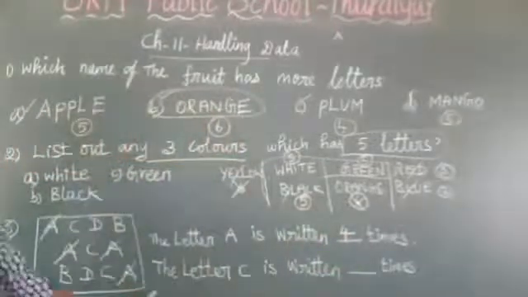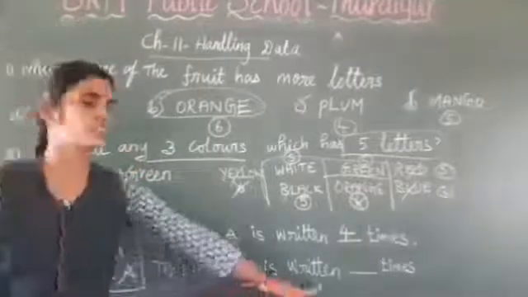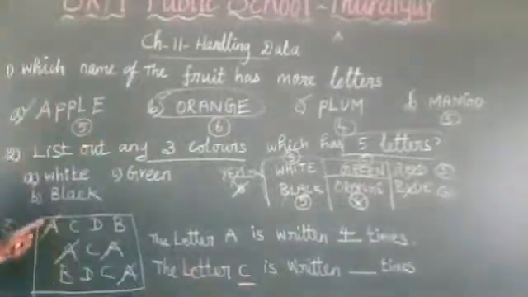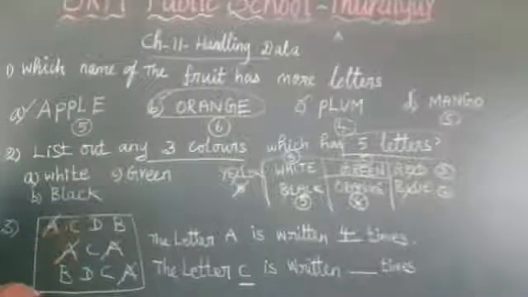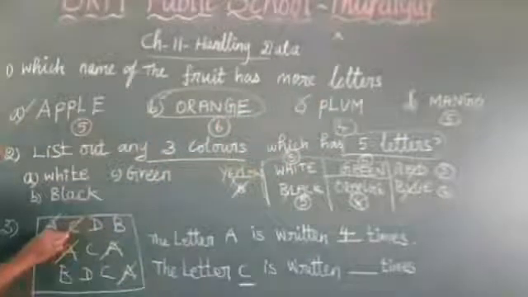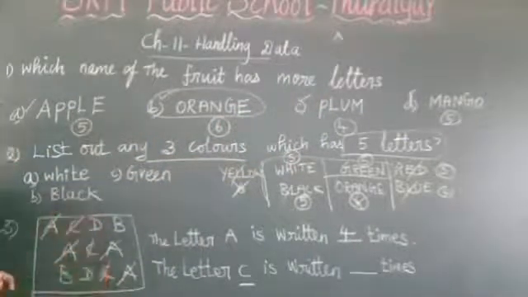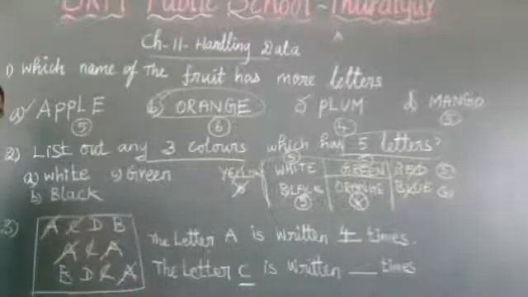Okay. Next question. The letter C is written how many times? Where is C? Here, no? So I am going to use another piece of chalk, a colored chalk. 1, 2, 3. So the letter C is written how many times? 3 times.